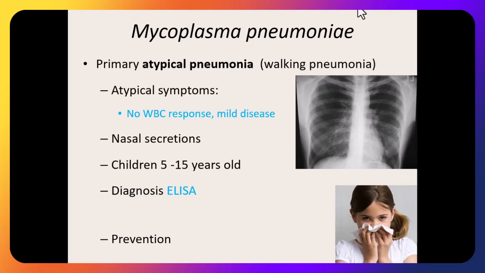Again, it's got pneumonia in its name, just like Streptococcus. But this doesn't cause a normal pneumonia. Normal pneumonia, you've got fluid in your lungs, you have very difficult breathing, severe fever, everything that's going to take you to the hospital right away.